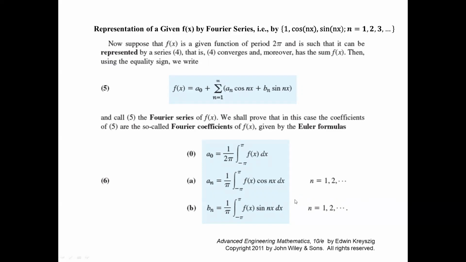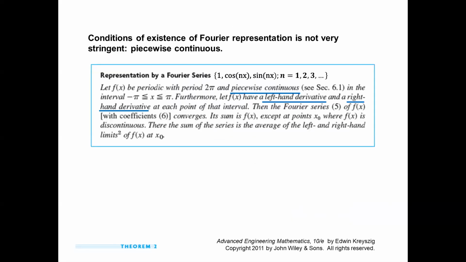They are proved in the textbook. So in order to get the Fourier series representation of a given function f, we have to use these three formulas to get the Fourier coefficients, which is our immediate job. And before we demonstrate how we can get the Fourier coefficients, we have to discuss under what conditions the Fourier representation exists.